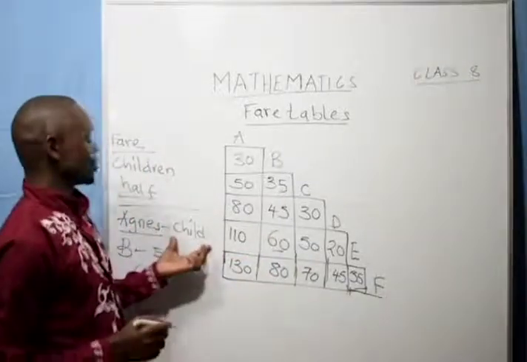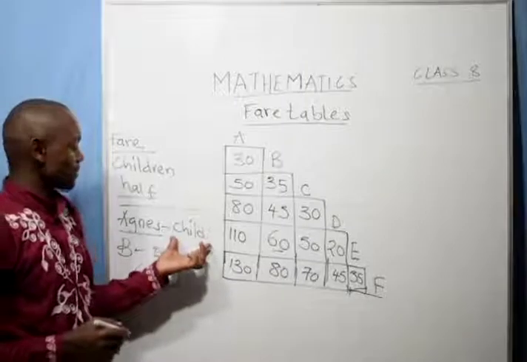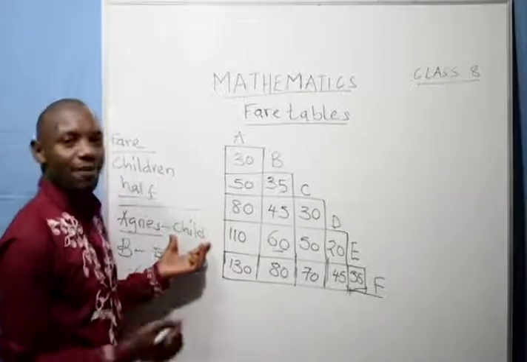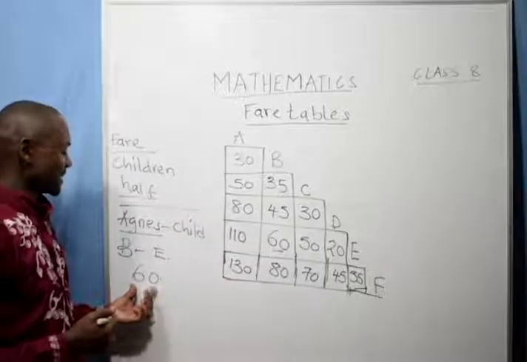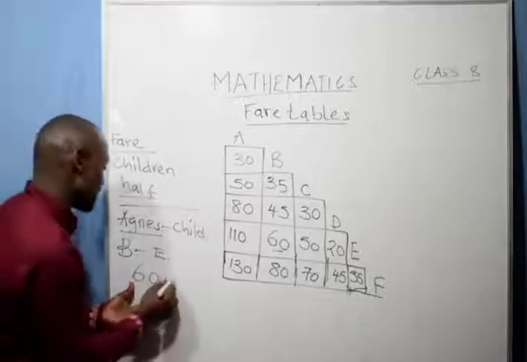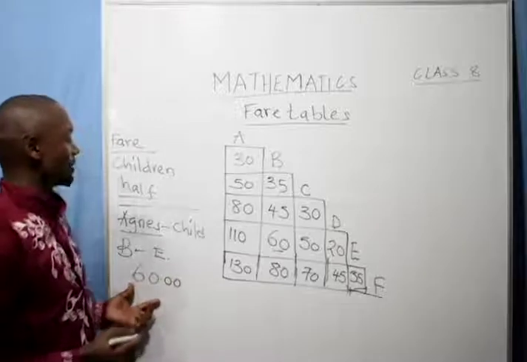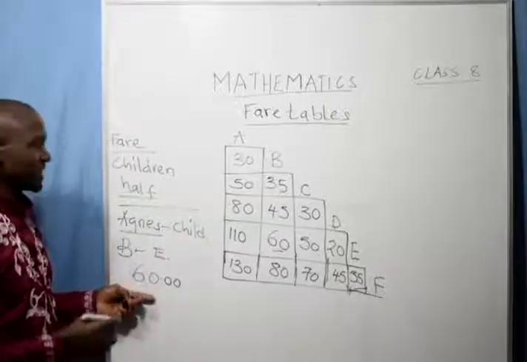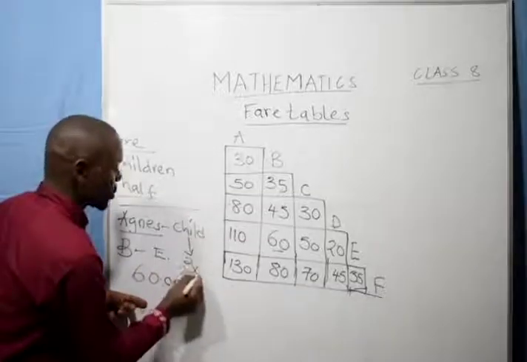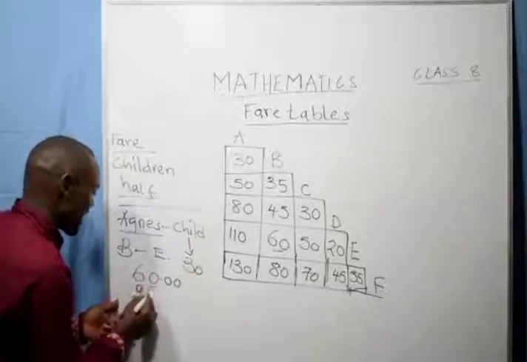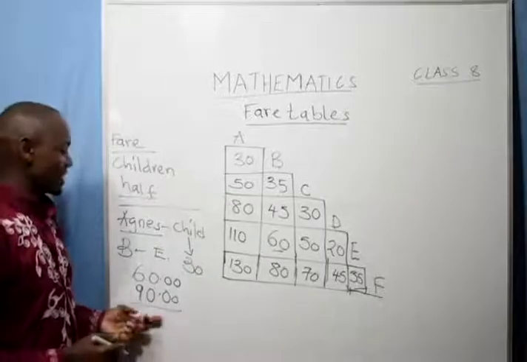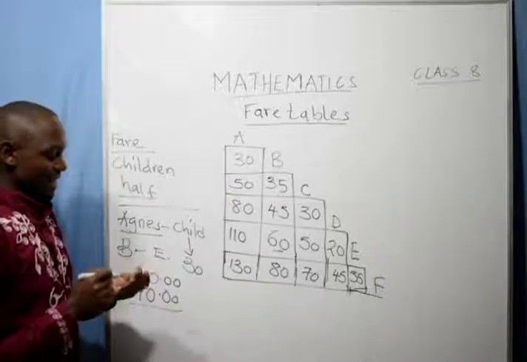And remember, she's traveling with her child, who will be charged half the amount Agnes is paying. If Agnes is paying 60 shillings, how much will her child pay? It is half of 60, which is 30 shillings. So in total, they are going to pay 90 shillings. That is 60 plus 30.